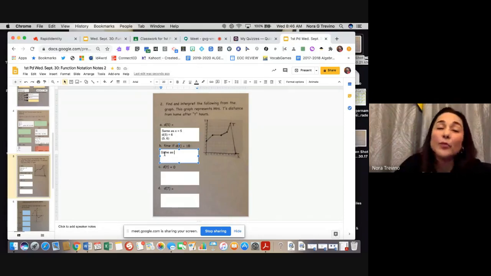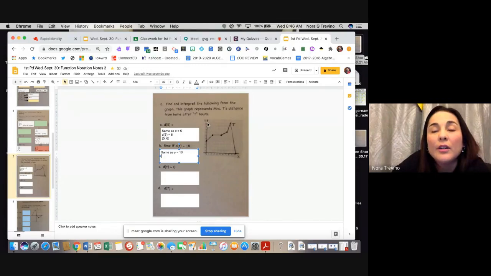So who is that 10? The y. Very good. So now I'm going to go to the y-axis all the way to the 10. There it is, all the way up here.